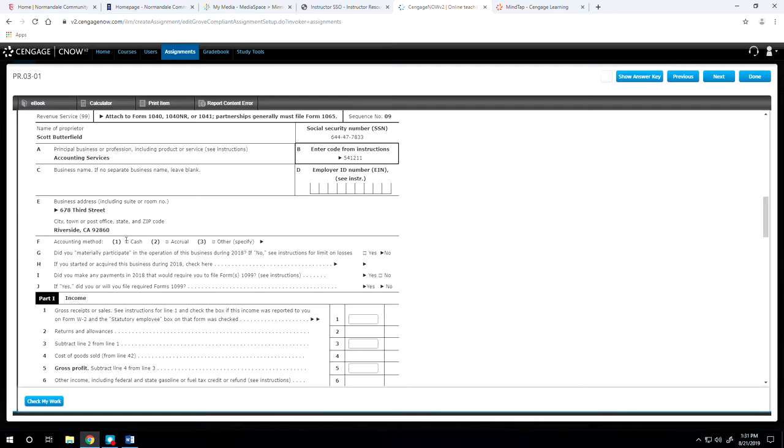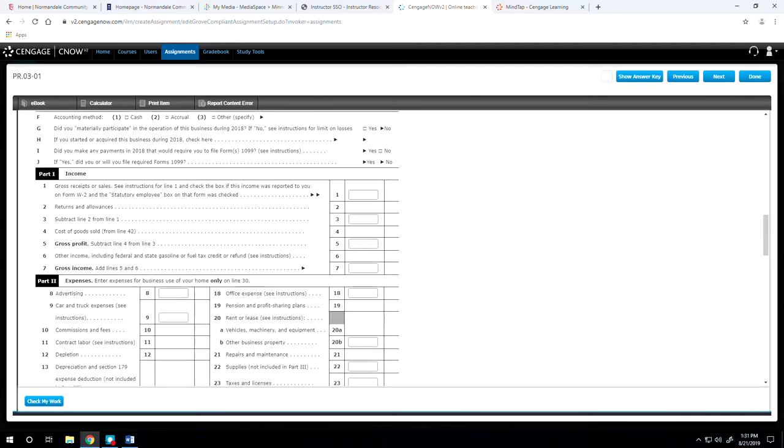This company is using the cash basis, which is completely fine unless it's a publicly traded company. Did you materially participate in the operation of this business? This person did. Did you make any payments in 2018 that would require that you file a Form 1099? This says no. You would have learned a little bit about 1099s in this chapter.